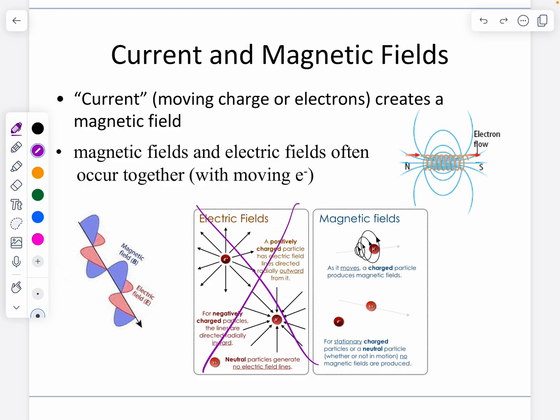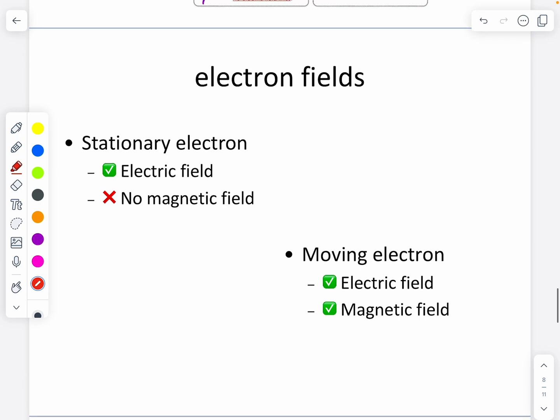So when our electrons are moving, they actually also create a magnetic field. So the magnetic field comes from the moving electrons, okay? And so that's really the gist of what I need you to know right now. So when I quiz you over what kind of field does our electron have, your options are going to be electric fields and magnetic fields.